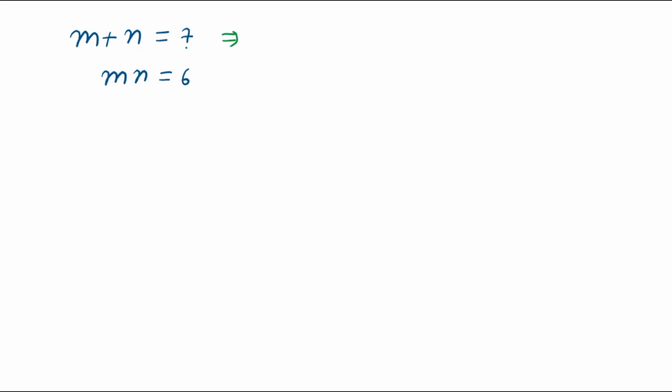If m + n = 7, then the value of n is 7 - m. Here n is replaced by 7 - m, so m(7 - m) = 6.